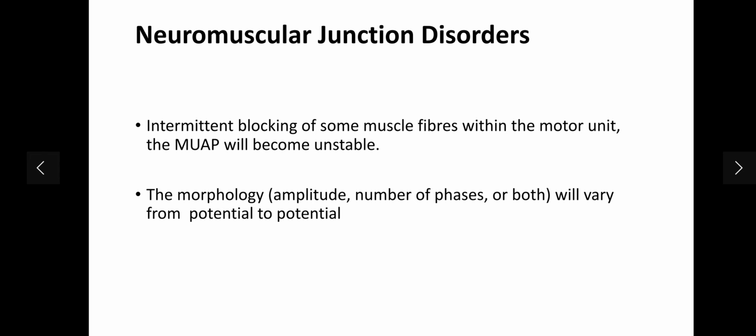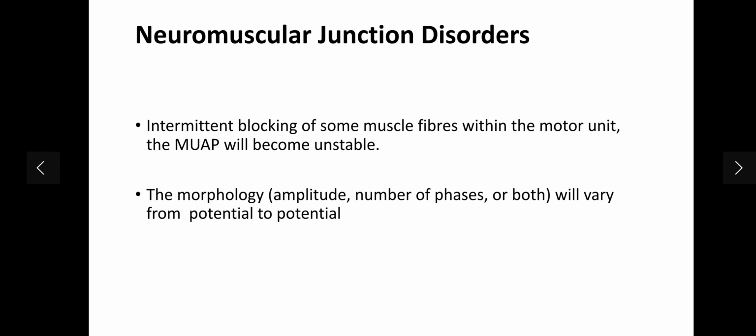In the pattern that we could see in neuromuscular junction disorder, we can see intermittent blocking of some muscle fibers within the motor unit because of the neuromuscular junction problem. So some of the action potentials will not be transmitted to the muscle fibers.